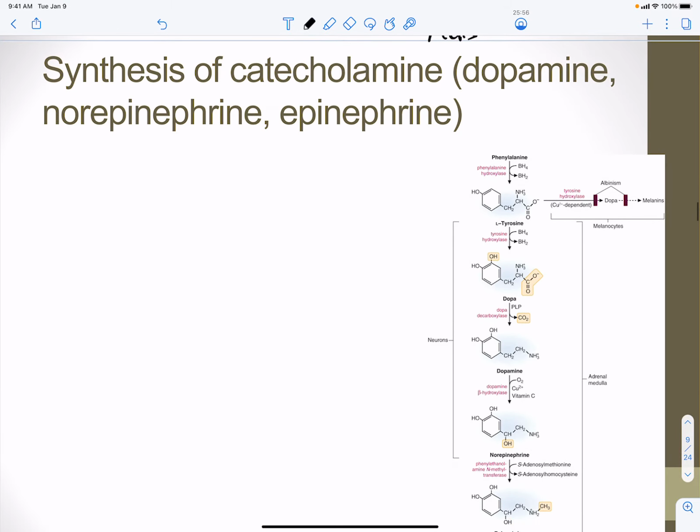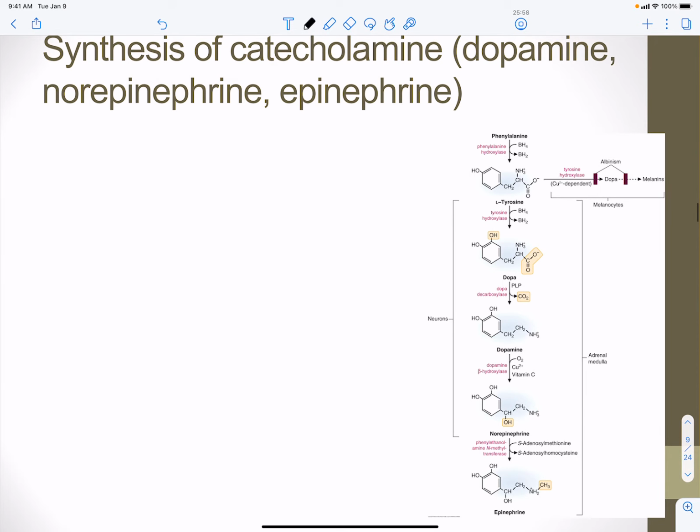Now, this is a diagram showing the synthesis of the catecholamines. All three are going to use a common pathway, and they're using tyrosine as their precursor. So here's tyrosine up here. The rate-limiting step is the hydroxylation of the tyrosine ring by tyrosine hydroxylase.